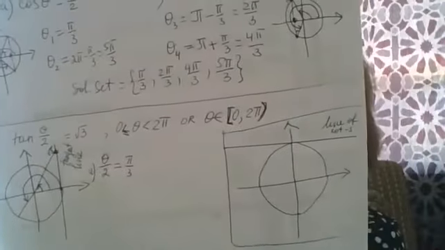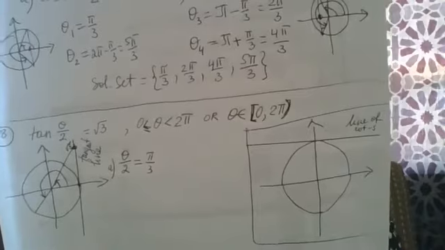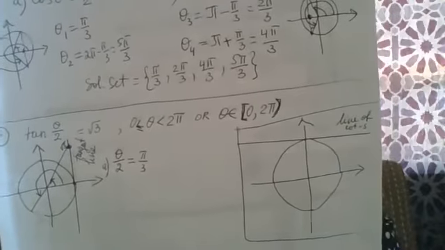But I'm not looking for theta over 2. Do we look for the theta angle? This is theta over 2. To solve that equation, I need to find the value of theta. Should I multiply both sides by 2? Yes.